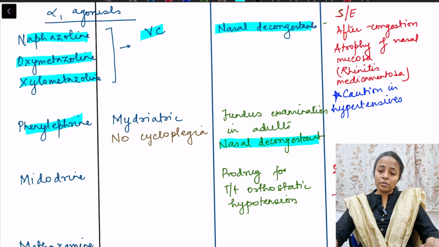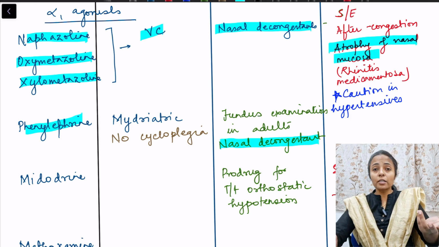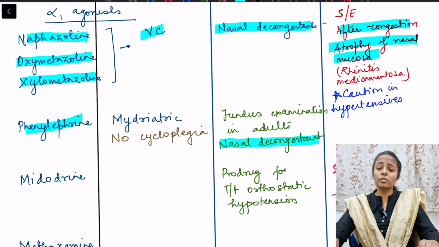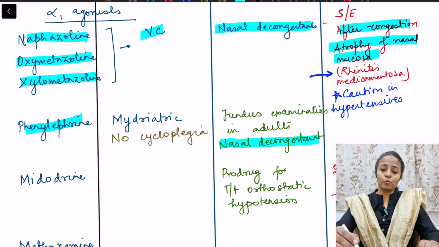Because there are chances of atrophy of nasal mucosa. In fact, after congestion is also there, a very common rebound phenomenon, and if it is used for long term, it causes atrophy of nasal mucosa, that is known as rhinitis medicamentosa. Rhinitis medicamentosa. Okay, so it should not be used for long term, that is one thing.